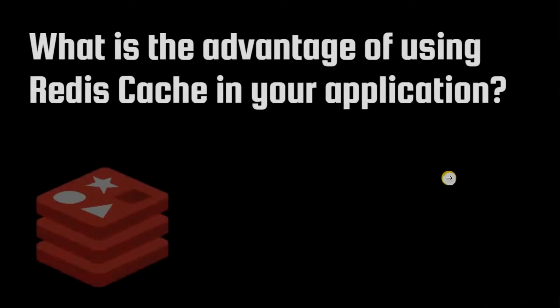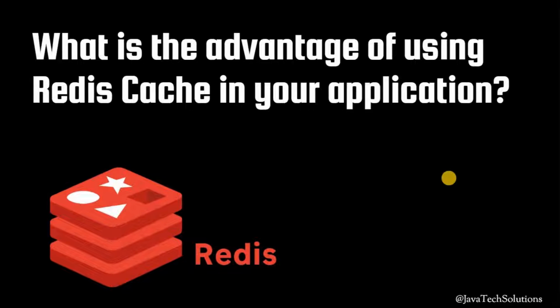Next, what is the advantage of using Redis cache in our applications? Like any other caching technique, Redis cache also minimizes the number of network calls, as I said earlier. That is one of the advantages. It will improve the performance of our application as a whole, and also reduce the number of network calls made by the application, okay.